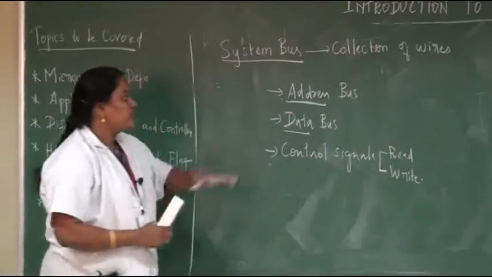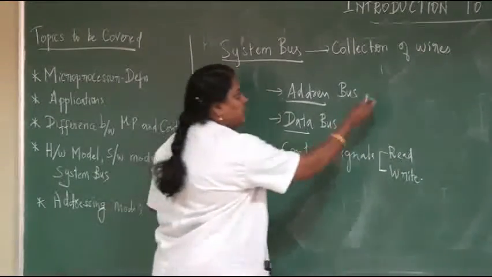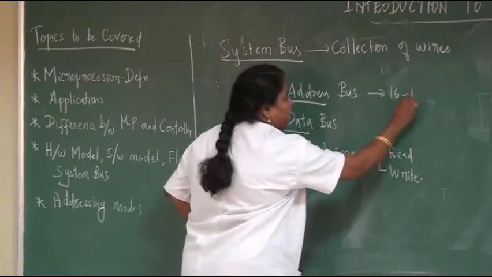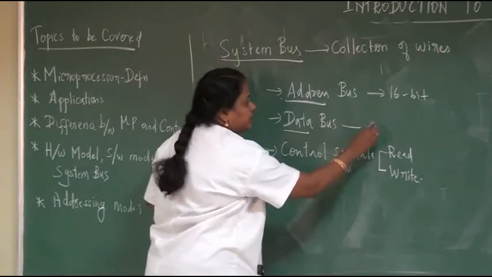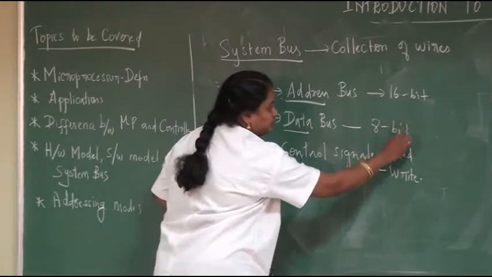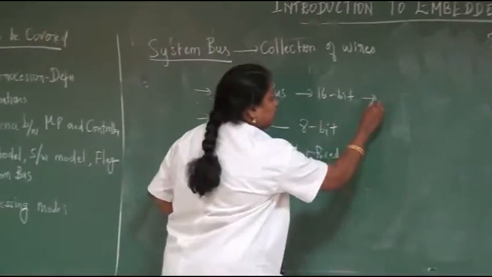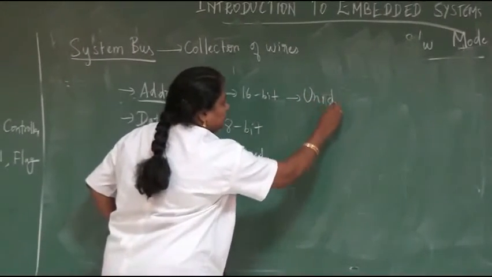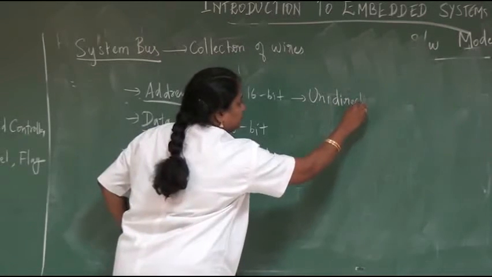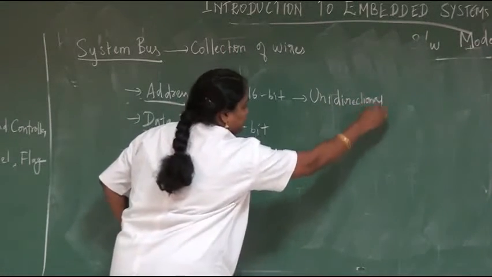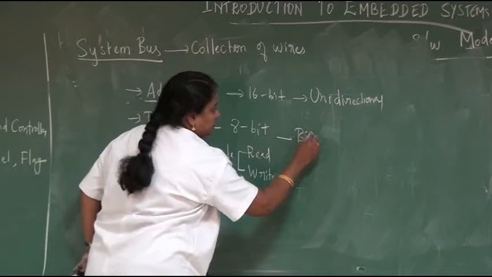What is the size of the address bus? It is 16-bit. The size of the data bus is 8-bit. The address bus is unidirectional, whereas the data bus is bidirectional.